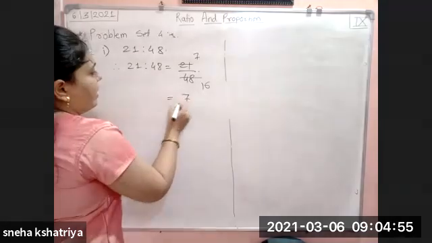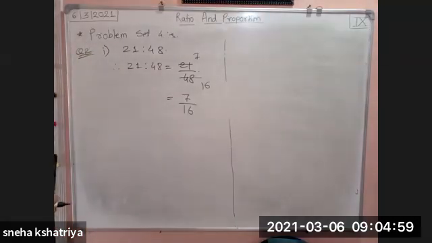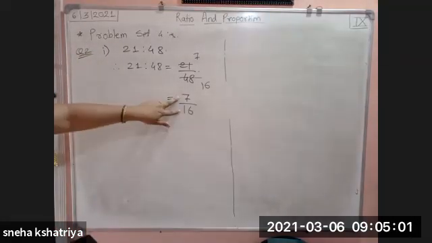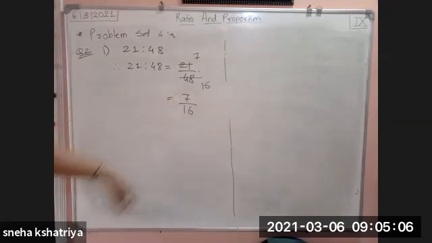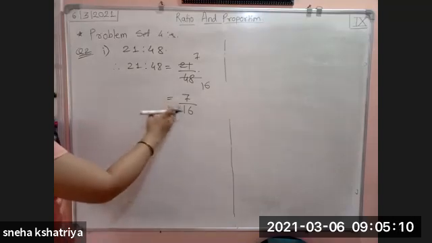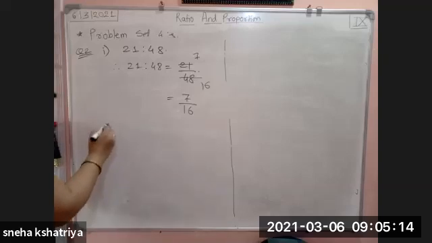So here we have 7 upon 16. This is the reduced form of 21 as to 48, because 7 and 16 cannot be reduced further by any number.